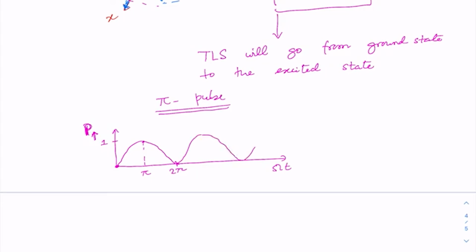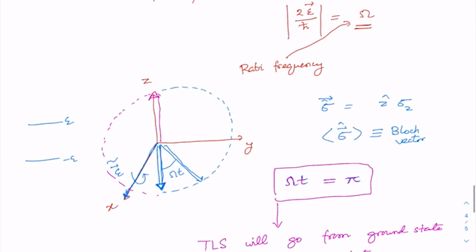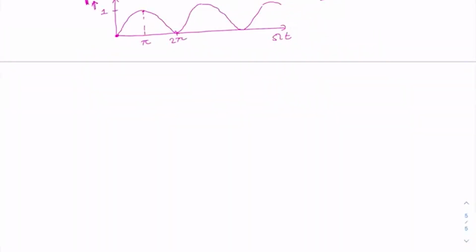Of course, here we are assuming that there is no dissipation or loss, so these oscillations will keep on going, and they are termed Rabi oscillations. As I already said, these oscillations take place at the frequency capital omega, that is the Rabi frequency.